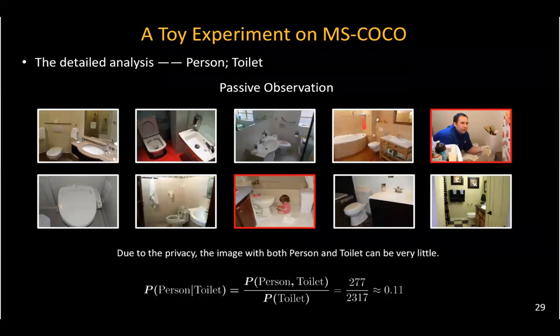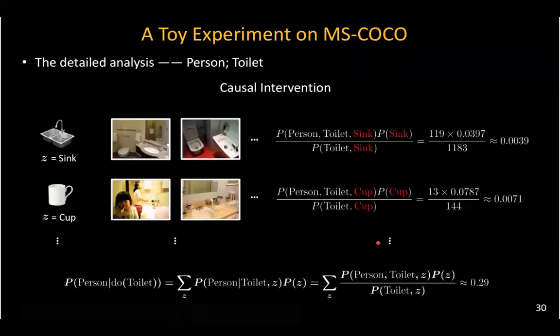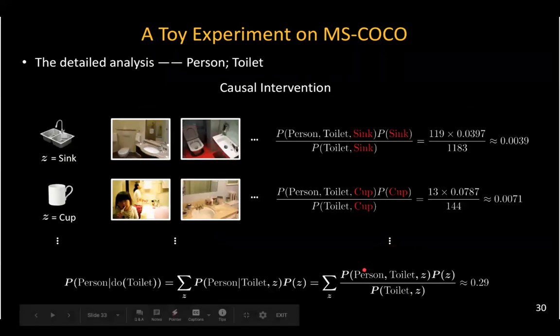In their dataset, for the toilet and the person, if we just use the observed conditional distribution, this value will be 0.11. But if we do the adjustment with other objects, we will have a higher one, which is 0.29.